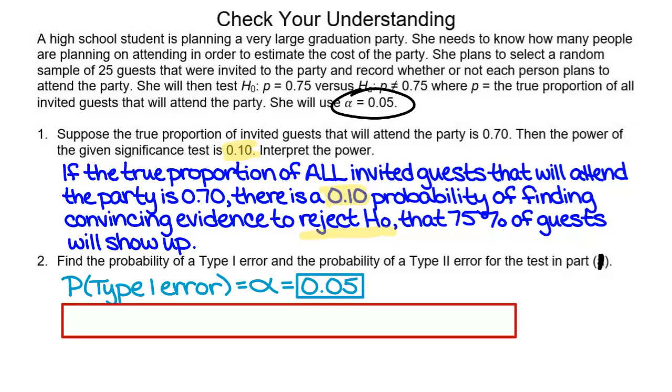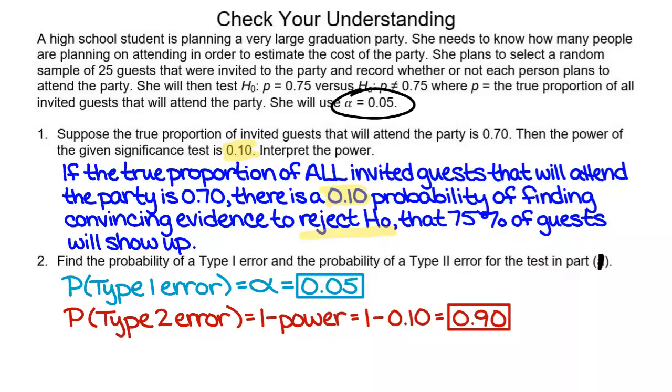Subtract the power from what? From 1. So if the power is 10%, what's the probability of a type 2 error here? 0.9. The probability of failing to reject the null when the alternative is actually true. That's a pretty high probability of making that error, right?